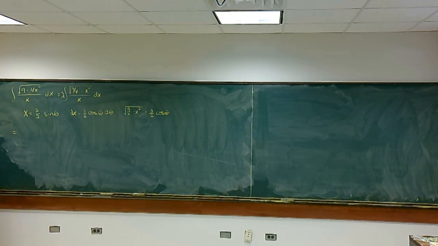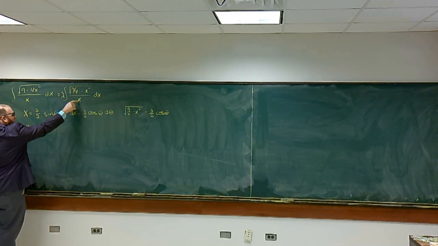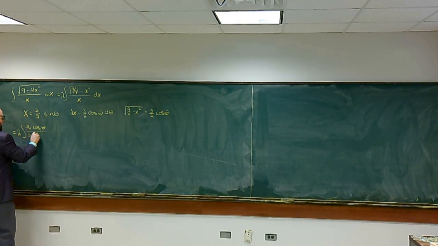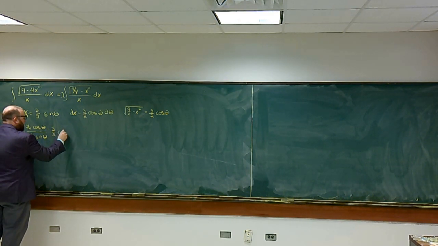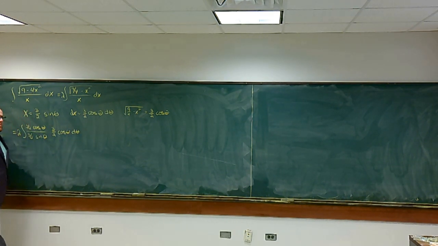So plug everything in. 2 times the antiderivative of the square root, 3/2 cosine theta, over x, 3/2 sine of theta, times dx, 3/2 cosine theta d theta.